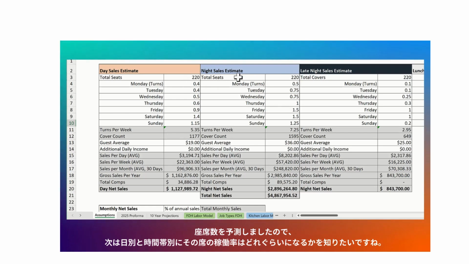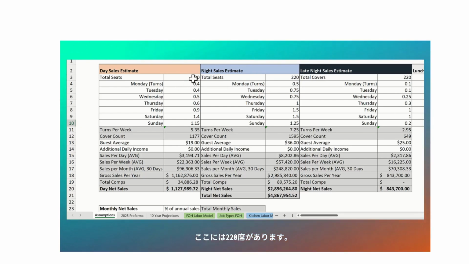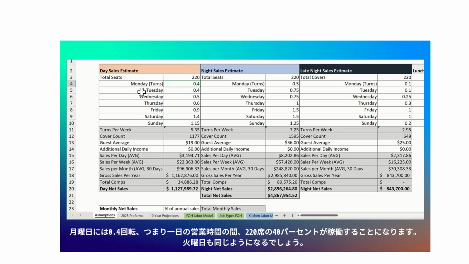After we've predicted how many seats we're going to have, we then think about how many times are we going to turn those seats in any given day and day part. So what I've listed here is, let's say we have 220 seats, and on Monday we have 0.4 turns, which would be 40% of the 220 seats I think we're going to utilize during our day sales or lunch, which would be for this restaurant, for Mondays.